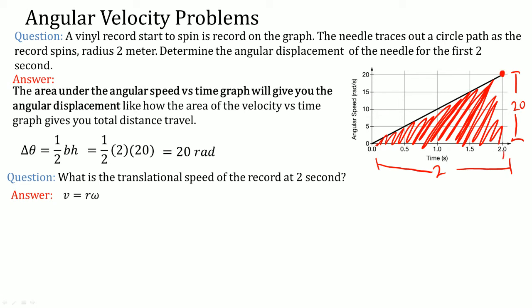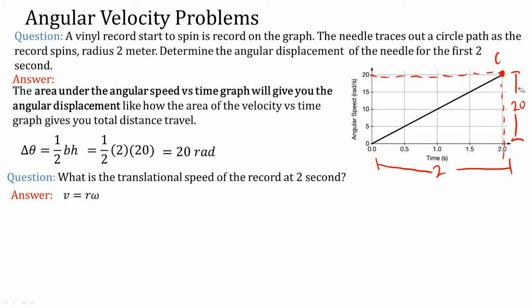At 2 seconds, the angular speed is going to be 20. So we multiply 2 times 20. That's going to get you 40. This is the speed of the record at 2 seconds.